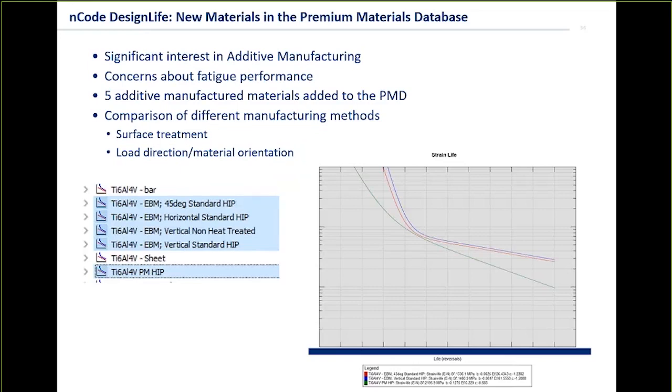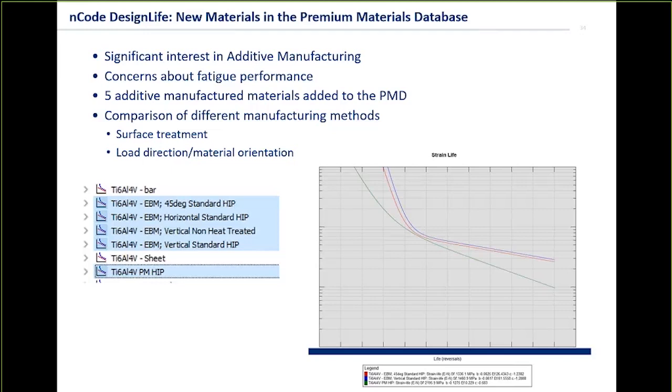As Fred mentioned at the beginning, there's quite a lot of research activity going on in additive manufacturing materials at the moment, and in line with that, we've done quite a bit of testing over the last year, and 5 of those new additive manufacturing materials have been added to the Premium Materials database at this release. That's basically looking at different manufacturing methods, surface treatments, load direction, and material orientation for those different materials.